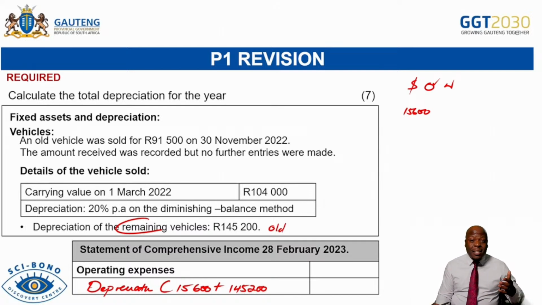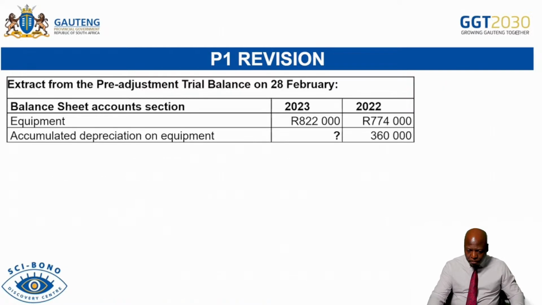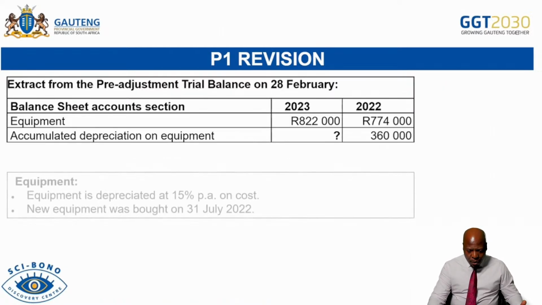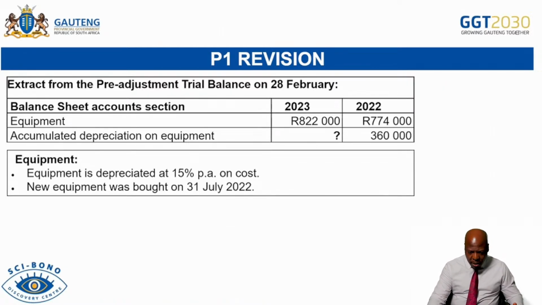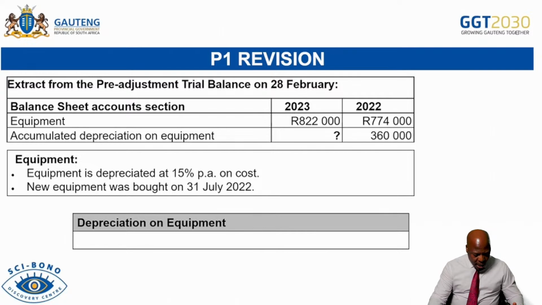Let's now go to the next part of the question. Now, we are given information on equipment, and we are told that equipment is depreciated at 15% per annum on cost. A new equipment was bought on the 31st of July. So we need to calculate depreciation on equipment.